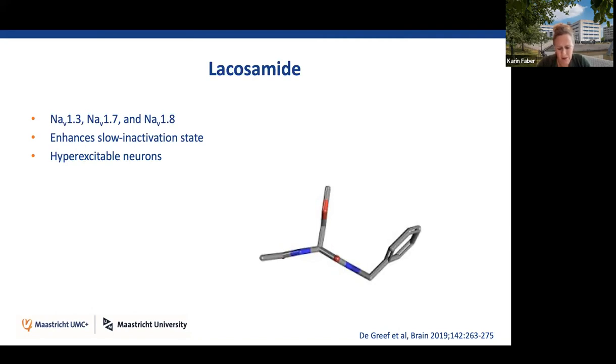It inhibits the currents of hyperexcitable neurons of the voltage-gated sodium channels by targeting the slow inactivation state and sparing channels with normal activity. Recently, it was also suggested that lacosamide binds to the fast inactivated state of NaV1.7, but at a slower rate. Furthermore, lacosamide has been found to have a higher affinity for tetrodotoxin-sensitive sodium channels over other ion channels and central receptors.